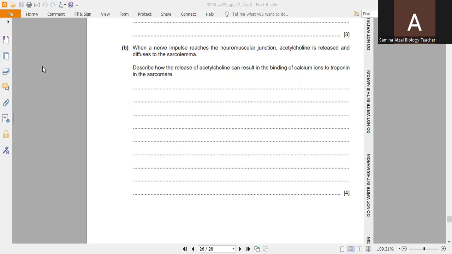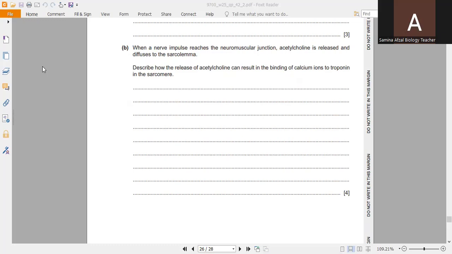This binding causes a conformational change in troponin, which pulls tropomyosin away from the myosin binding sites on the actin, allowing contraction to begin. So contraction takes place.